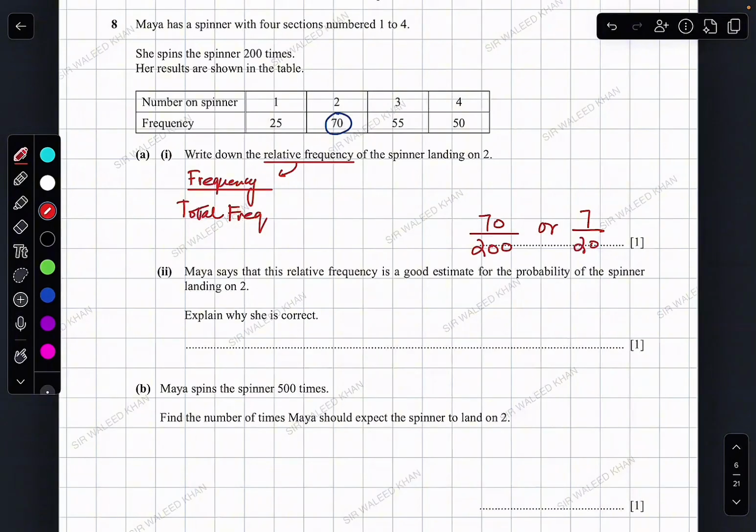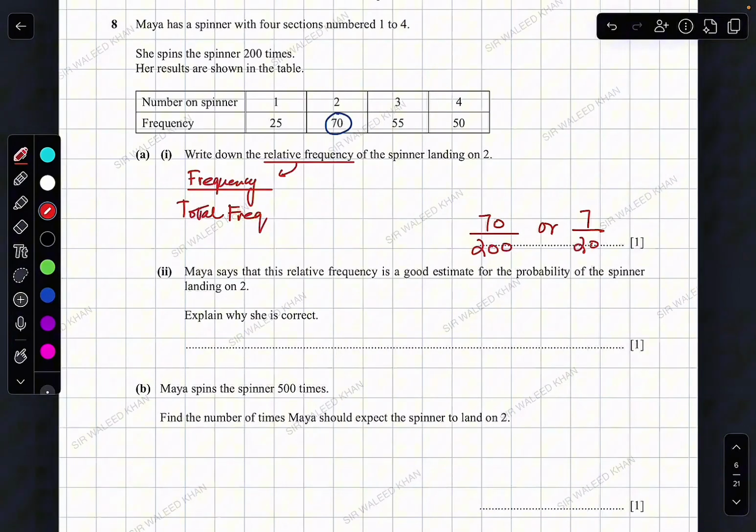Now, Maya says that this relative frequency is a good estimate for the probability of the spinner landing on 2. Explain why she is correct. Why is that so? Because she spins the spinner a large number of times. Had it been 10, 20, 30, that is a smaller sample space.